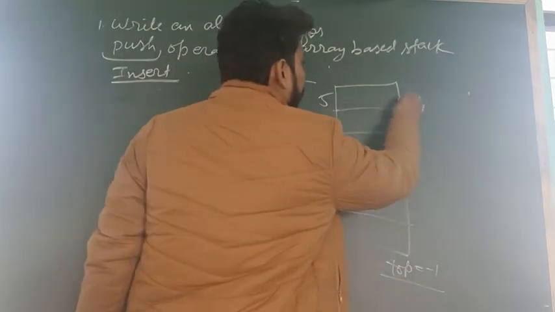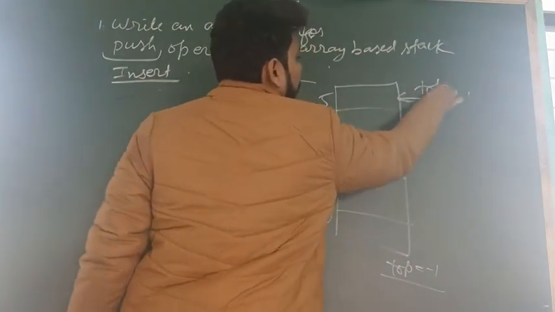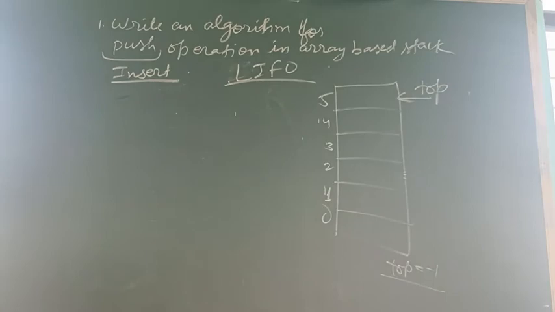But suppose your top is here, that is, top is at the last index number of your array. The array we created, top is indicating its last index number. And if it is indicating the last index number, what does it mean? That your stack is completely filled.